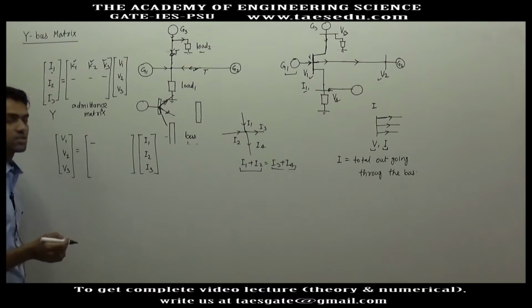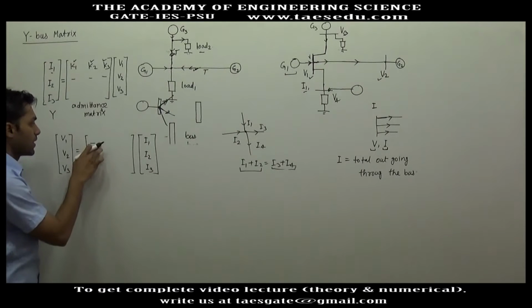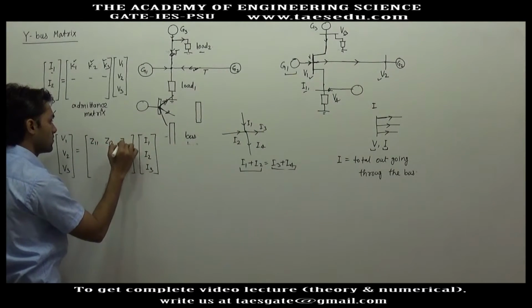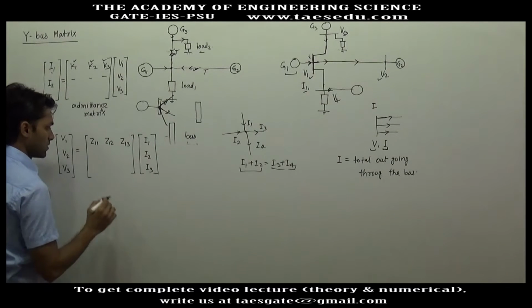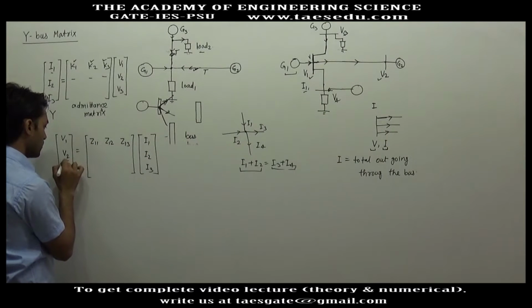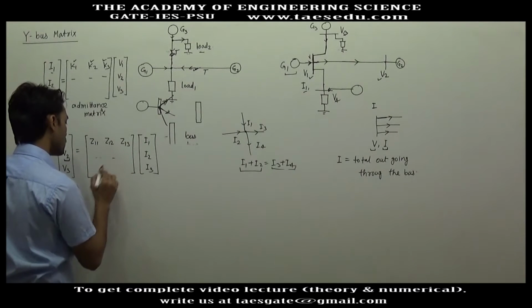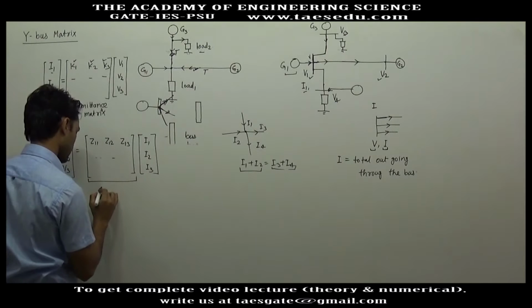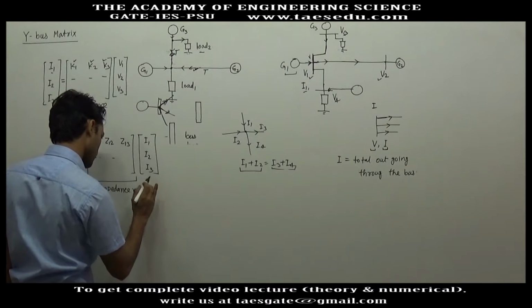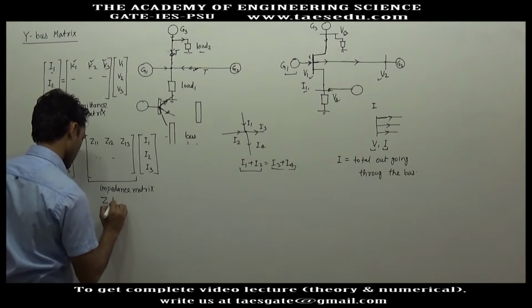The unit of those constants will be impedance, so it is better to write Z11, Z12, Z13. Similarly, there will be some constants for V2. So this matrix will be called the impedance matrix, or Z-bus matrix.